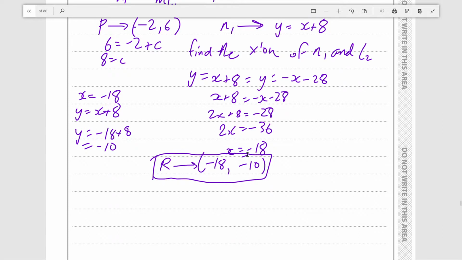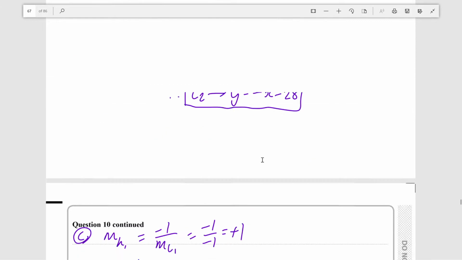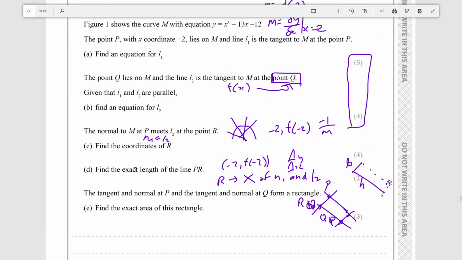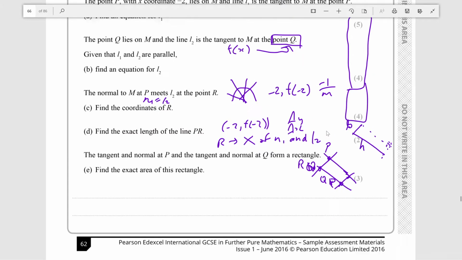Because the x value is minus 18, which we got from solving this equation is equal to this equation, and the y value minus 10 is what we got from substituting our value of x into this equation. So we found the coordinates of R, and we're already 13 marks into the question.